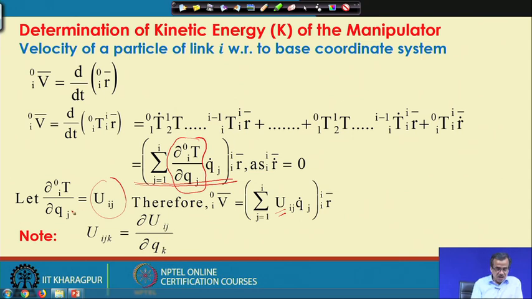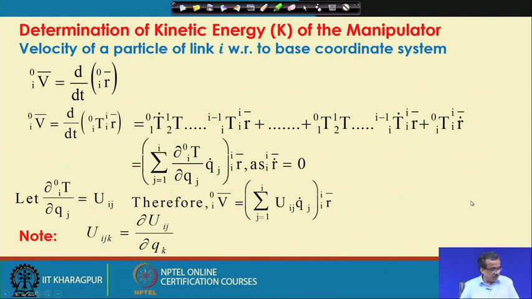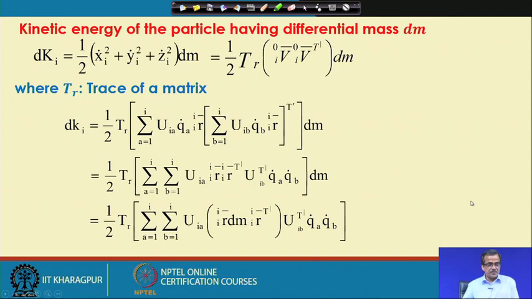So, these particular symbols we are going to write down just to write in a very compact form. So, let us see how to write down this particular thing in a very compact form. Now, the kinetic energy of the particle having the differential mass is nothing but half m v square. Now, here the mass of this particular differential mass is dm. So, half dm v square.